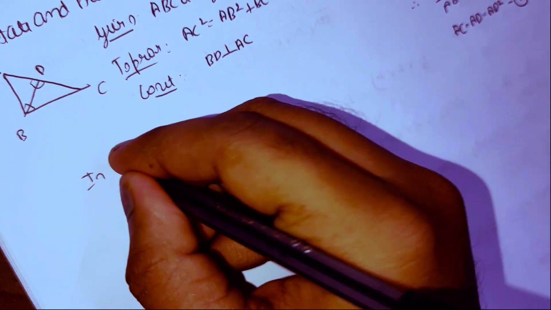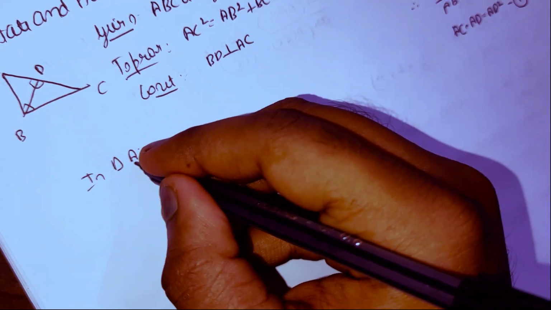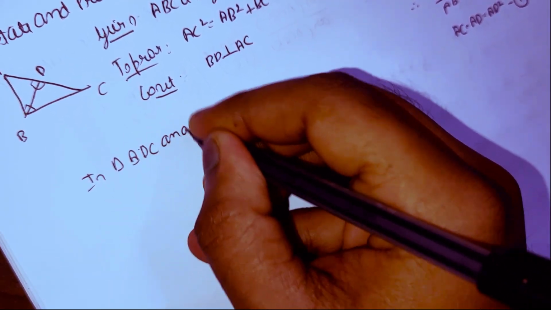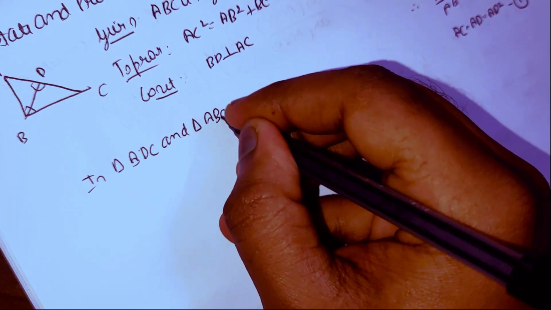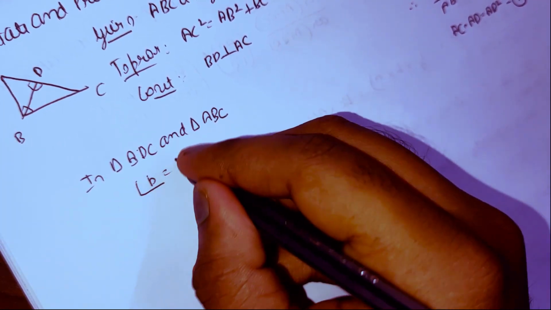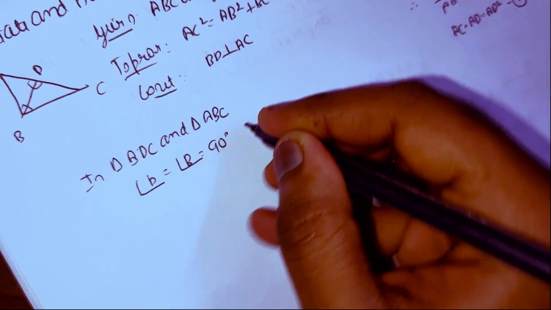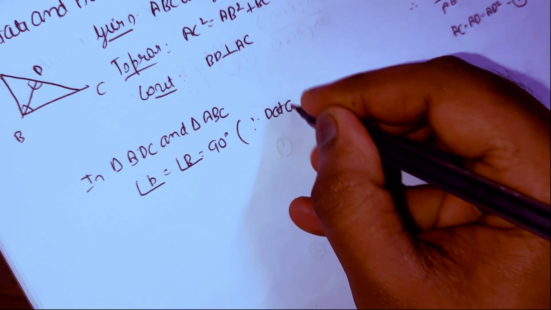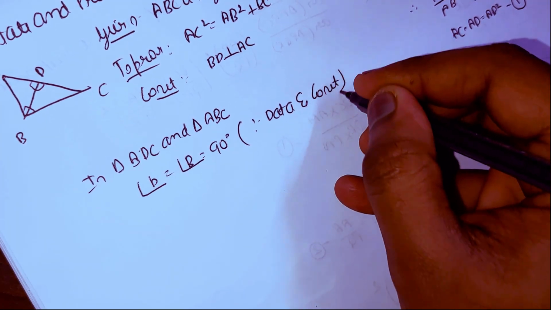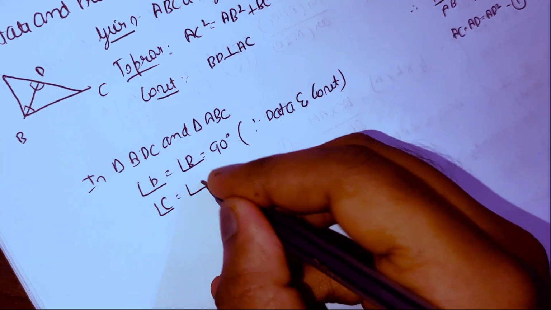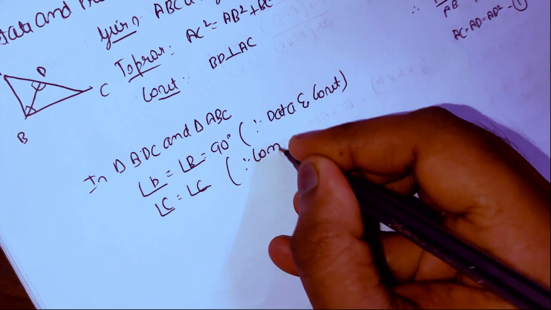Similarly, in triangle BDC and triangle ABC, angle D is equal to angle B, that is 90 degree, that is by data and construction. Angle C is equal to angle C, this is by common angle.